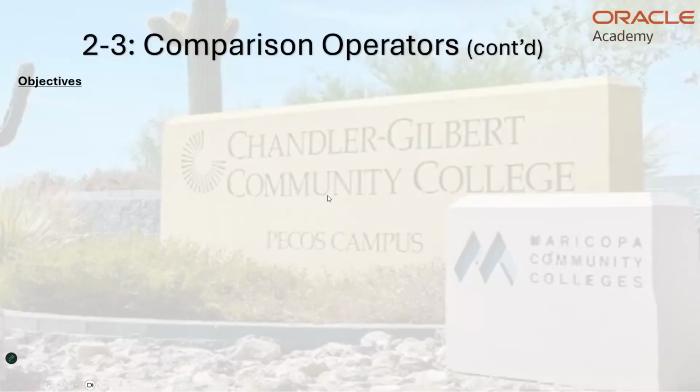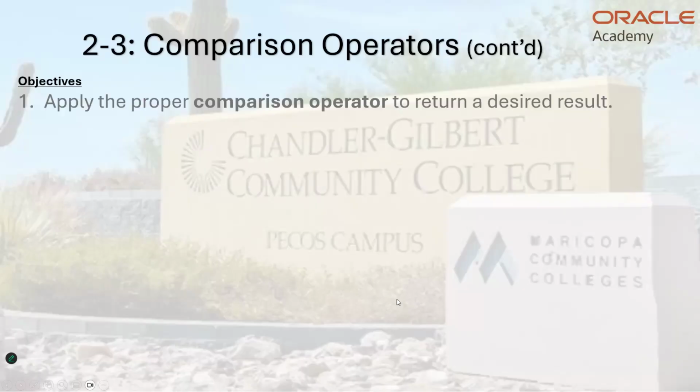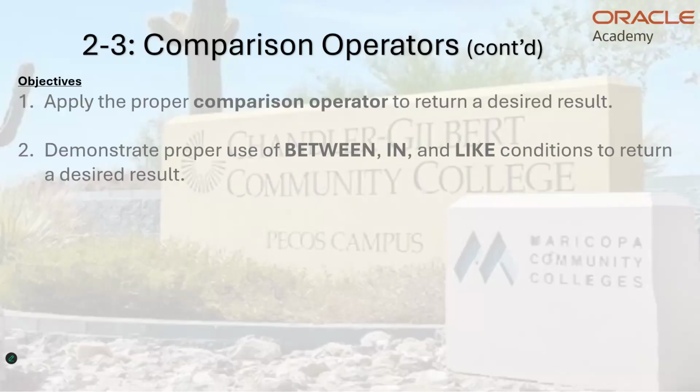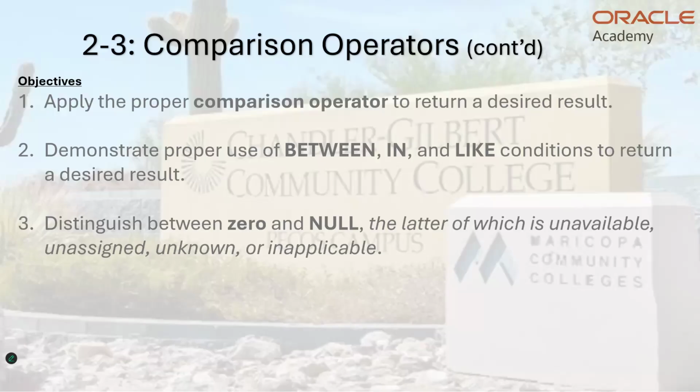All right. Okay, let's go on to 2.3, and that's comparison operators continued. The objectives: apply the proper comparison operator to return the rows you want. Obviously, we have some different ones, kind of the same. Is it more efficient, less efficient? Well, we're going to talk about that: BETWEEN, IN, and LIKE. Distinguish between 0 and null.